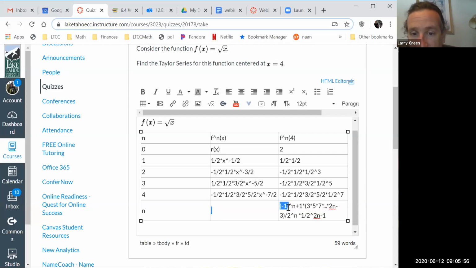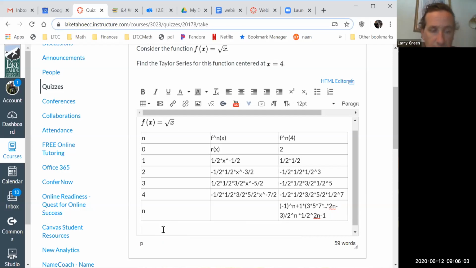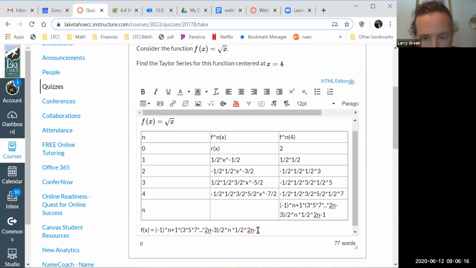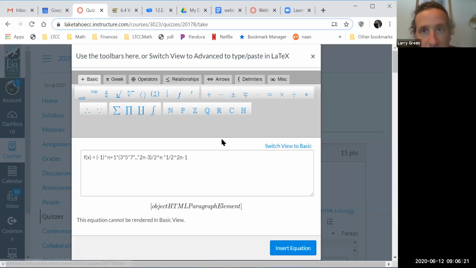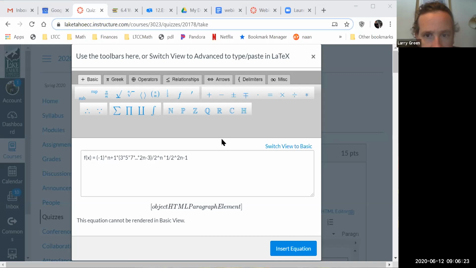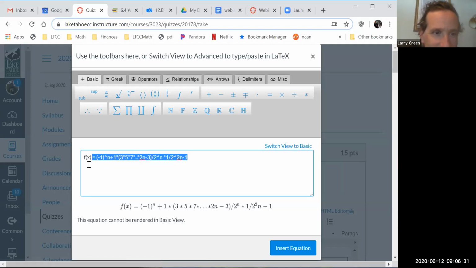Okay, now what I'm going to do is I'm just going to put it together. So I'm going to copy what I've got from my n. Now I can say that the function f of x is equal to, you know what I need, to put it in equation mode, it's too messy this way. Won't let me. All right.